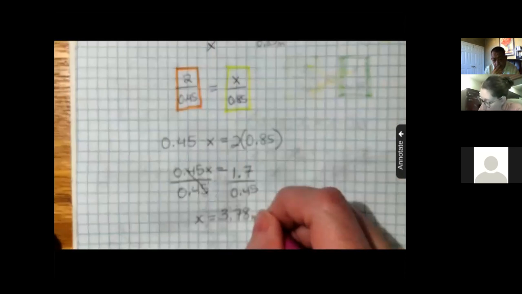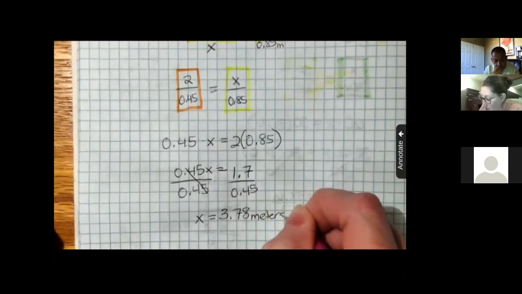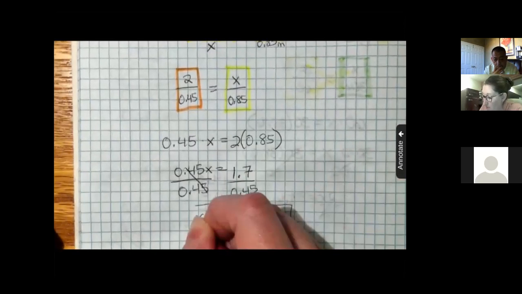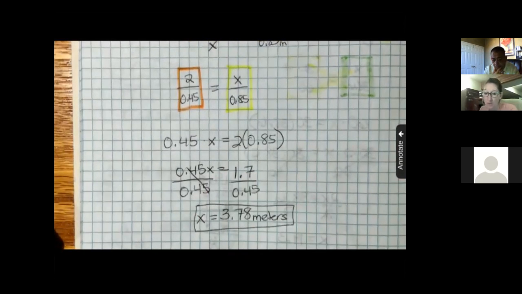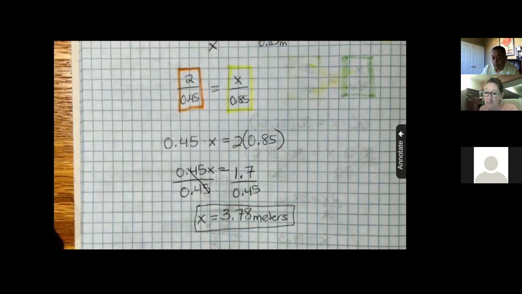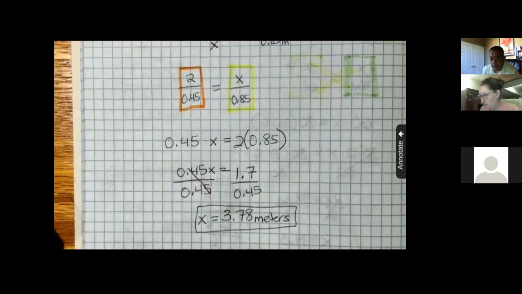Basically, here's the important part. They told us it was meters, so I need to put meters. The other thing is I'm not done. This was a word question. It said, what is the length of the long post shadow to the nearest hundredth?